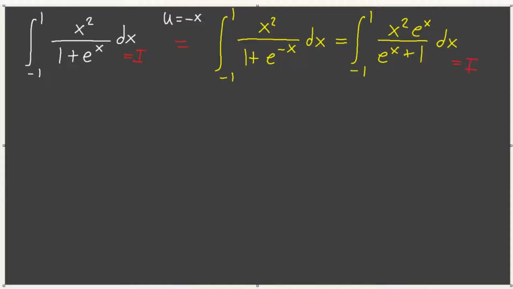So now, 2I is equal to the integral from -1 to 1, the denominator is the same, but now we have x squared plus x squared e to the x. Aha, and what do you notice? We could factor out the x squared.